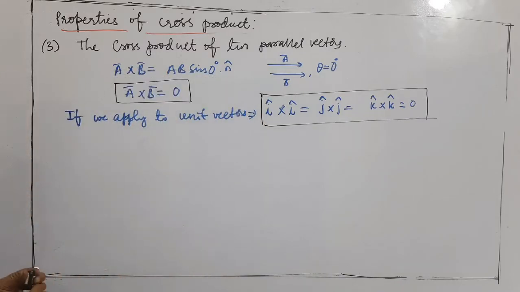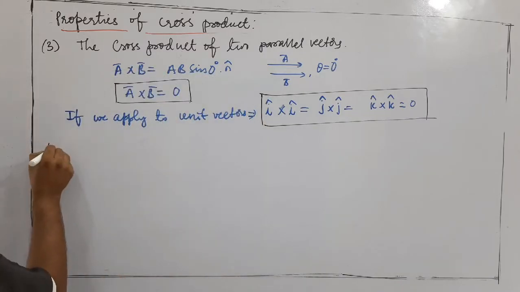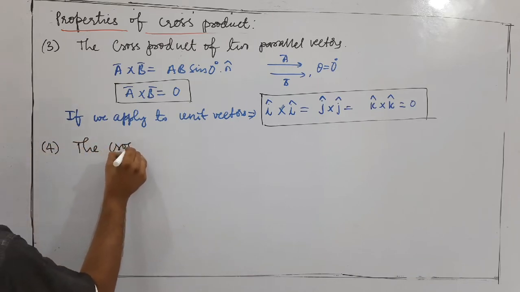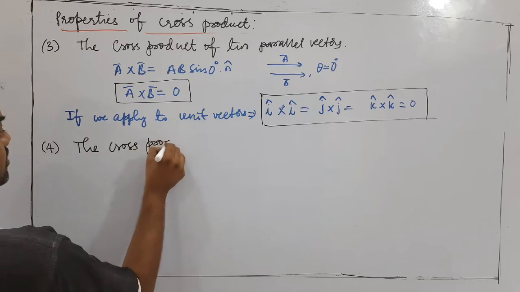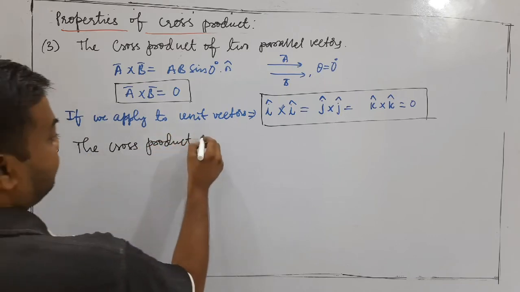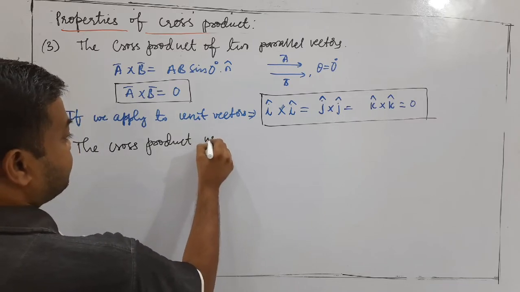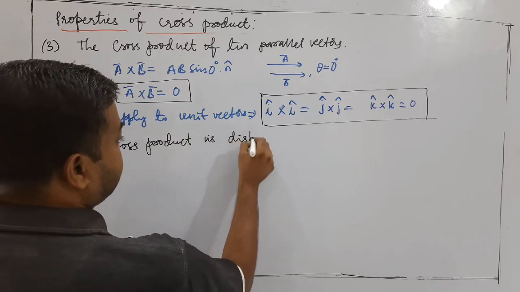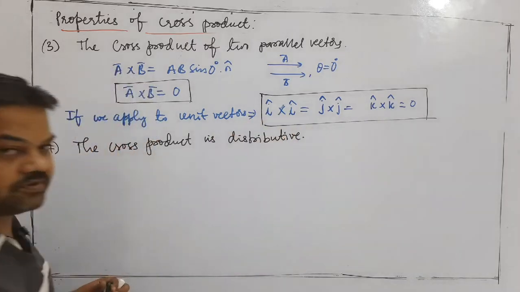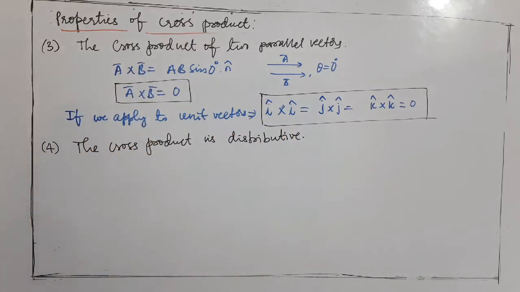And we have the fourth property. What is that fourth property? The cross product obeys the distributive law.